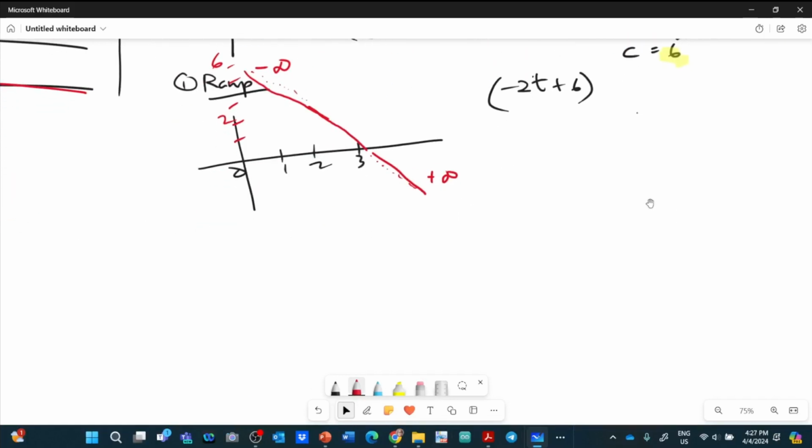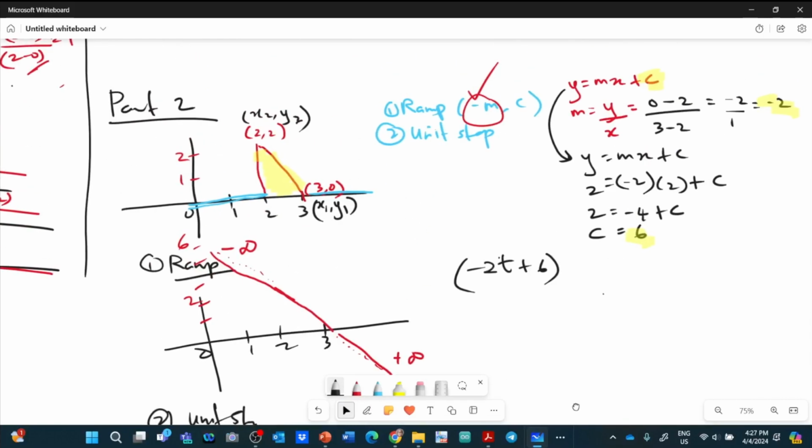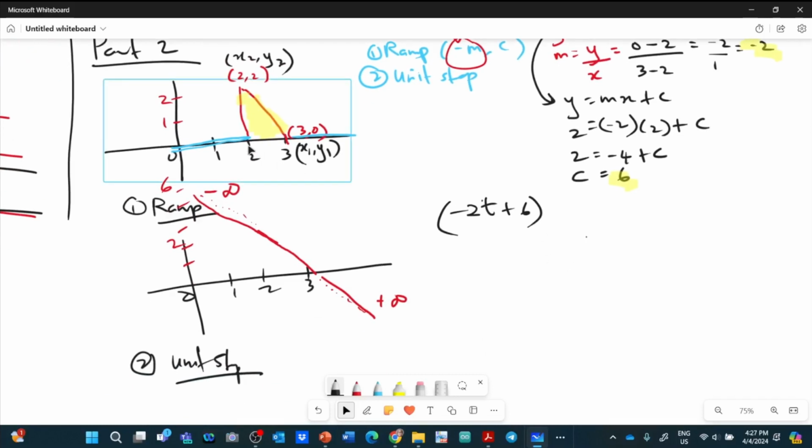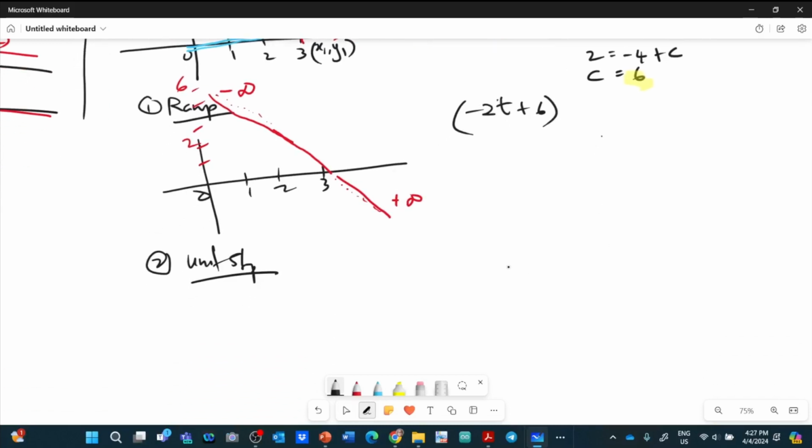Okay. Second signal is unit step kan. Unit step tadi sebab apa? You nak matikan signal between these two, right? So, unit step ni adalah between 2 and 3. Too simple kan? Kalau dah faham konsep ni, dia jadi senang.